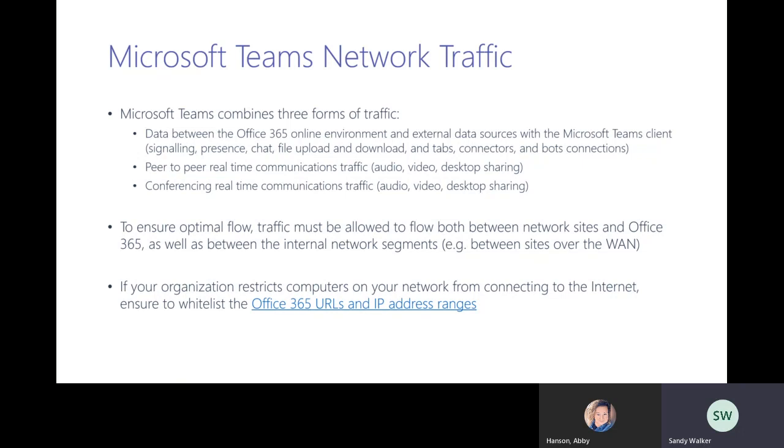Most peer-to-peer traffic, so when you're having a phone call or doing a video call, generally goes point to point. So it doesn't trombone, as we say, back to the data center. And likewise with conferencing. Conferencing is also real time, so that goes point to point, as opposed to being tromboned through the data center as well.